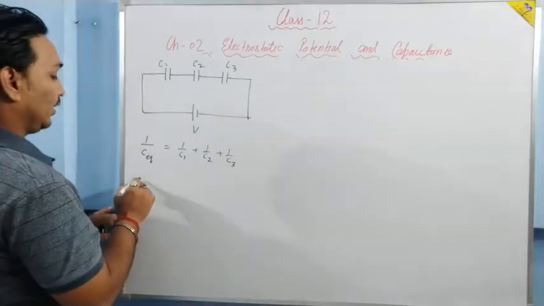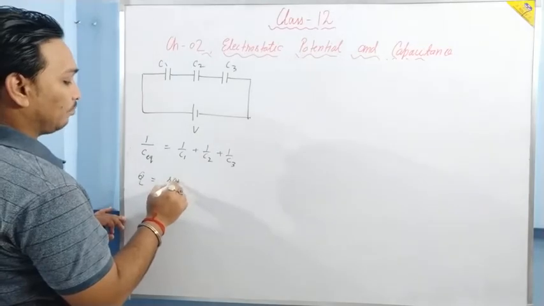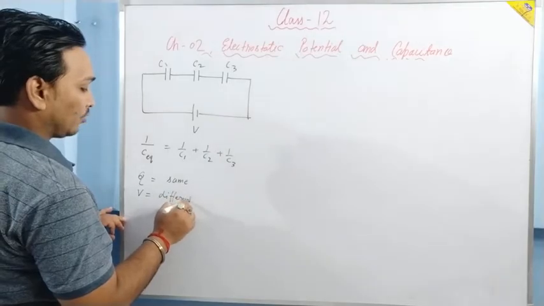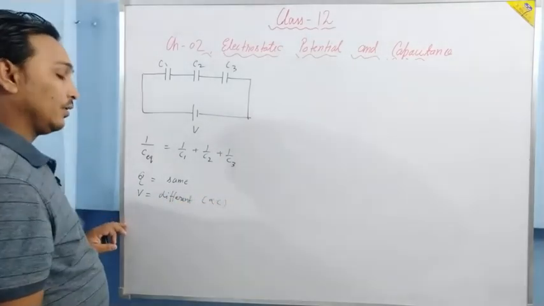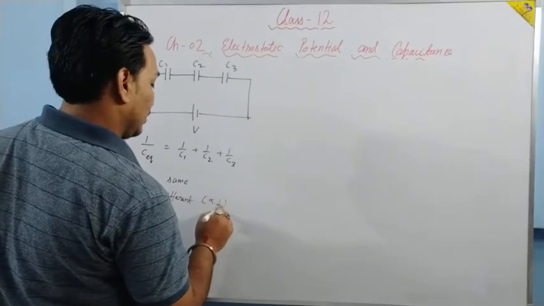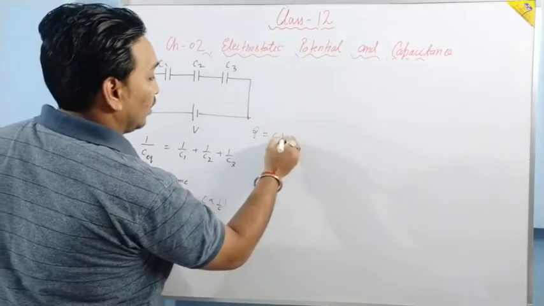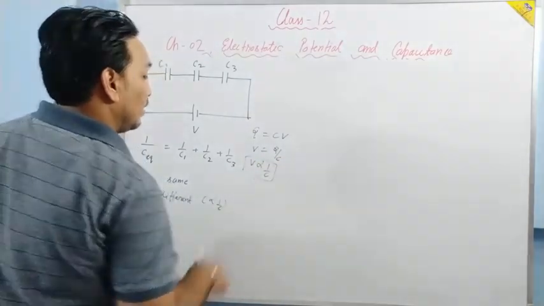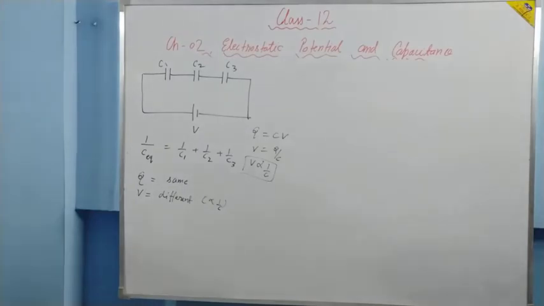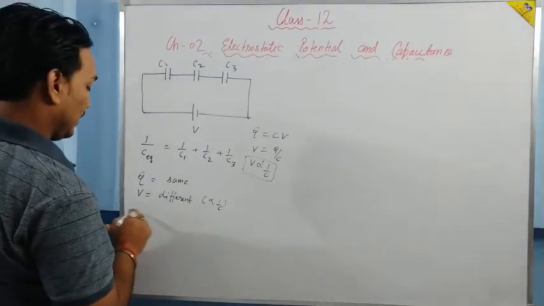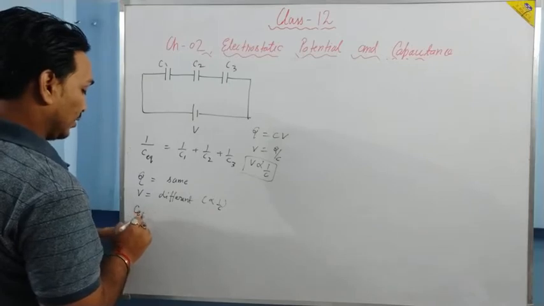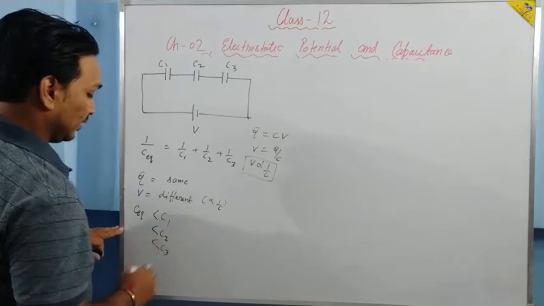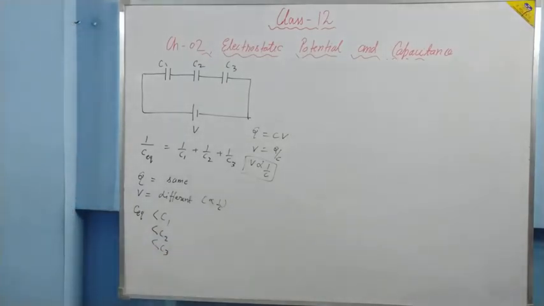In this we have learnt that charge is same but potential is different, and it depends on capacitance, inversely proportional to the capacitance, because Q is equal to CV, V is equal to Q by C. So V is inversely proportional to the capacitance. The capacitor which is of higher capacitance will have less voltage. And the next thing is the equivalent capacitance is less than C1, less than C2, and less than C3. This is for series combination we studied.